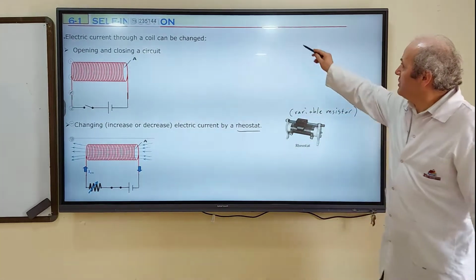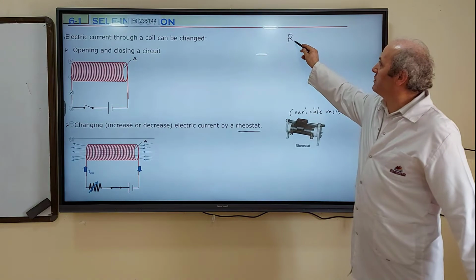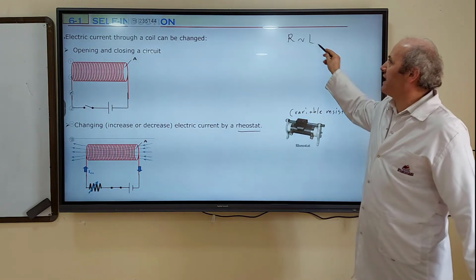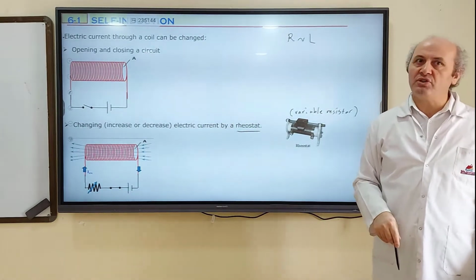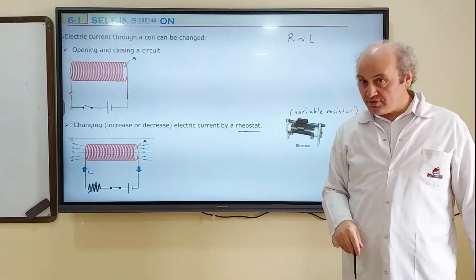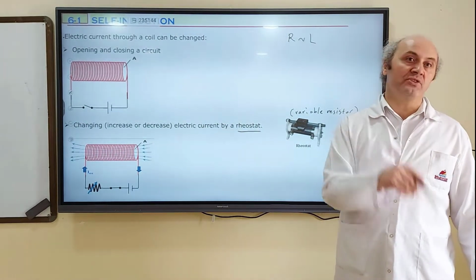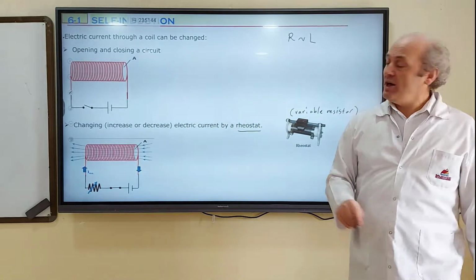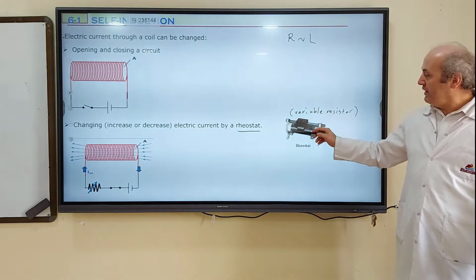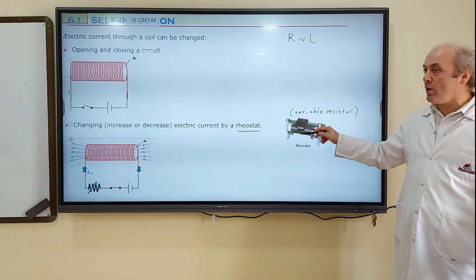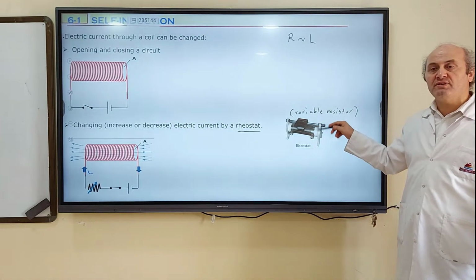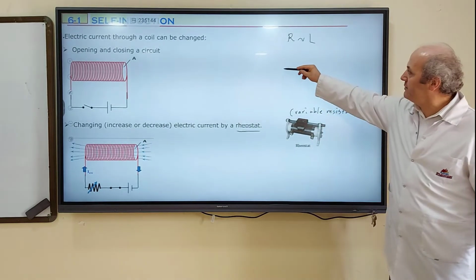We know that the resistance of a conductor is proportional to its length. I explained this in the classroom. As the length of the conductor increases, resistance increases. As length decreases, resistance decreases. This rheostat has some conductor wound on the surface of a cylinder, like this.